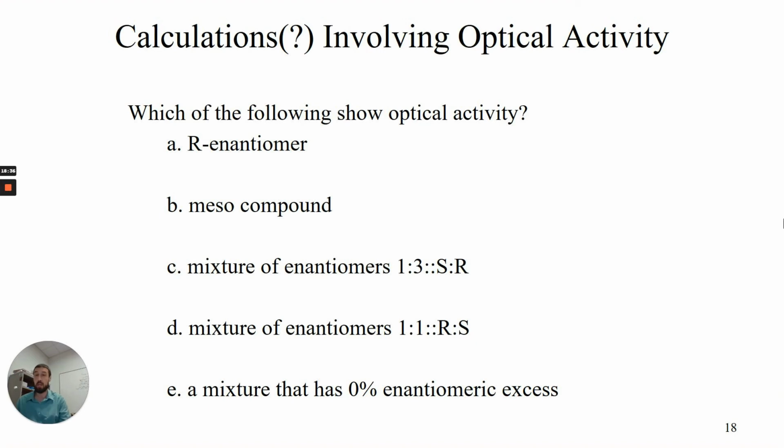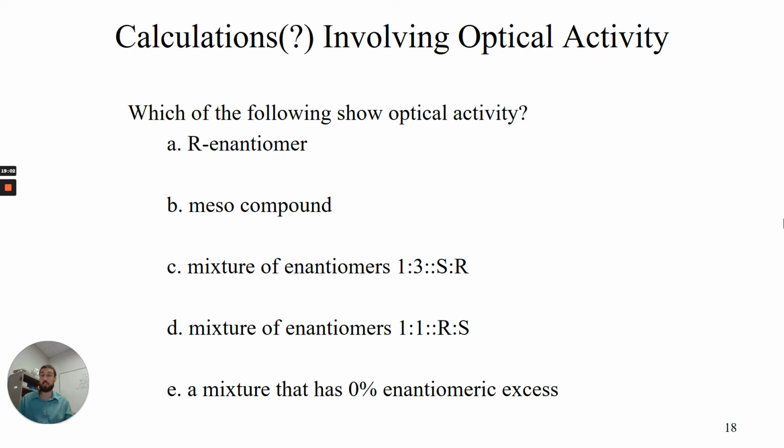How about another mixture of enantiomers, where we have 1 to 1, half R, half S? The solution is achiral because we had both of those pieces in there. It hits R, rotates one direction, hits the S, rotates equal but opposite. So not optically active.